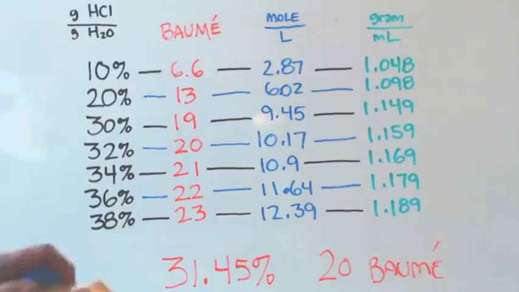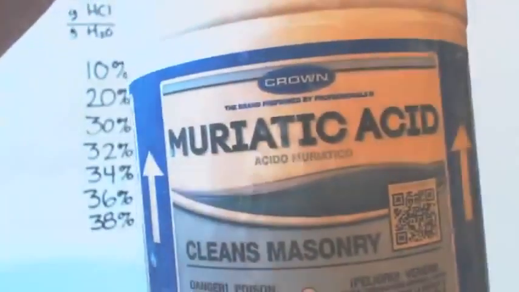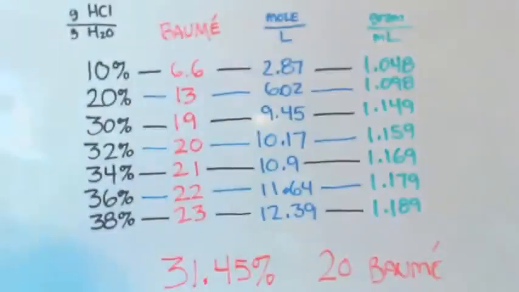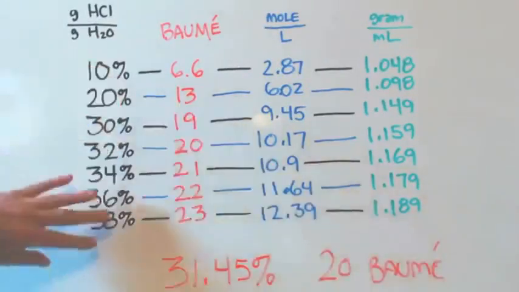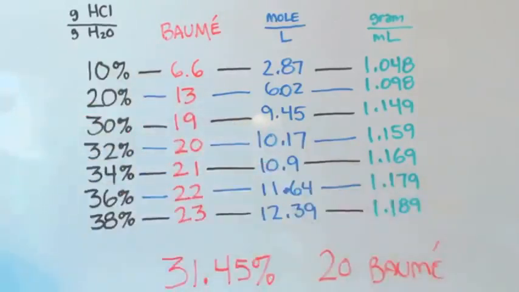This is what Lowe's has, but they changed it, and I see they have a different brand there, but it still says muriatic acid. That's what it'll say on the cover. That's the old-fashioned way of saying hydrochloric acid. They used to call it muriatic acid. But anyways, this is a nice chart to refer back to, maybe if you're doing the same stuff I'm doing.